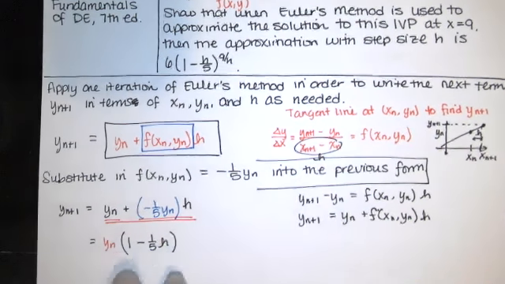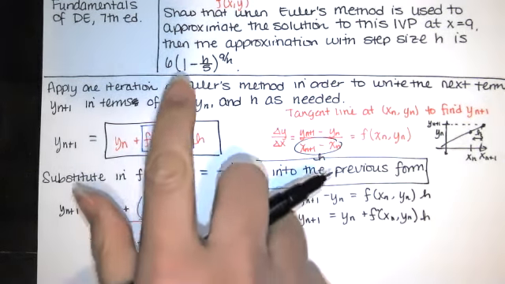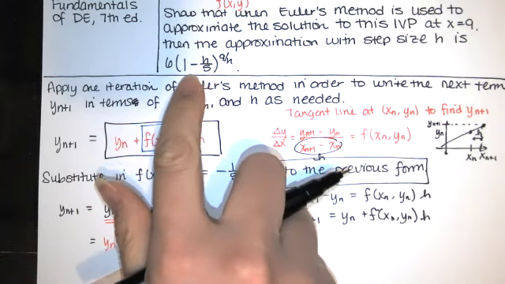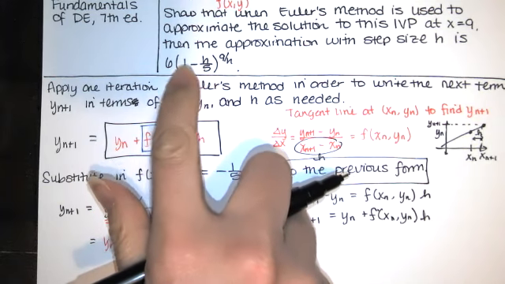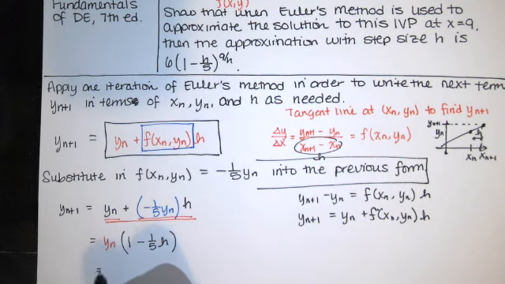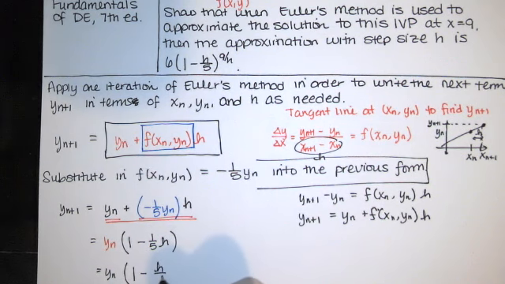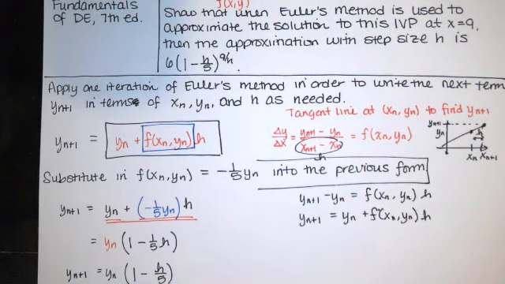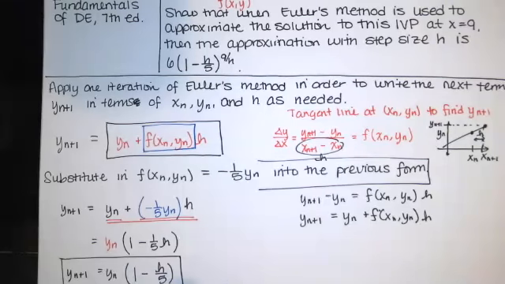And then you might even write this differently, knowing that we're trying to get to this form where we have 1 minus h over 5 inside the parentheses. Multiplying h by 1/5 is the same as dividing h by 5. So we'd have y sub n times the quantity 1 minus h over 5 right here. And that's equal to y sub n plus 1. So that is our answer for that part.